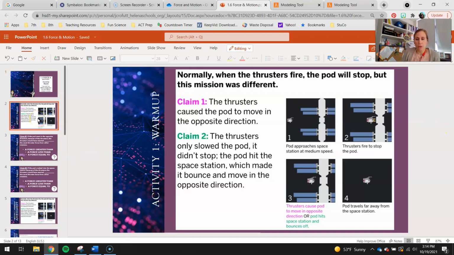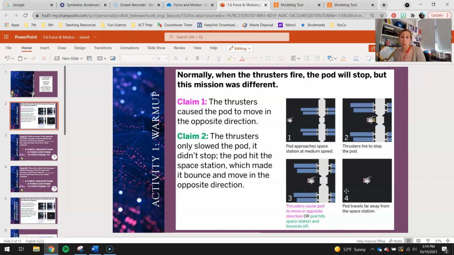Normally when the thrusters fire, the pod will stop, but this mission was different. We're going to revisit that space pod, that asteroid collection mission we've been talking about throughout this whole first chapter. Our space pod comes in moving toward the right. Our thrusters fire and exert a force in the opposite direction, which causes the pod to stop. When it stops, it's able to dock with the space station.